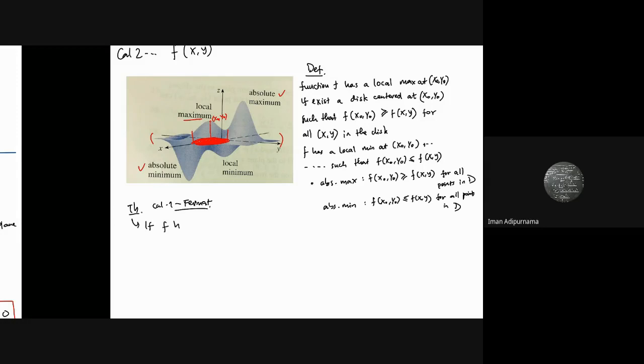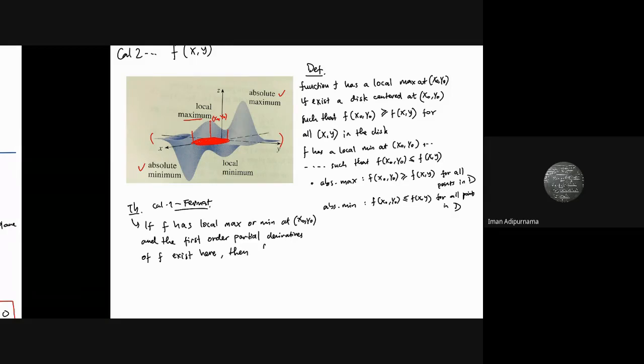So if f has a local max or minimum at, let's say, point x0, y0, and the first order partial derivatives of the function f also exist here, then we have a critical point.